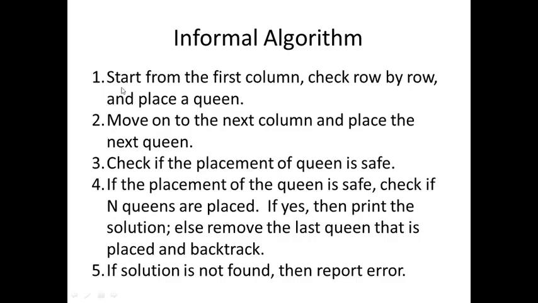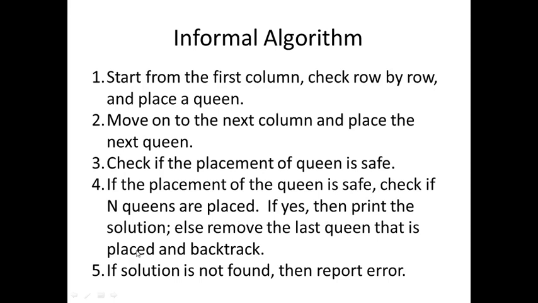And this is the informal algorithm. Okay, this is easy to remember and write. Start from the first column, check row by row and place a queen. Move on to the next column and place the next queen, and check if the placement of the queen is safe. How will you check? You have to check whether it gives you a row conflict, column conflict or diagonal conflict. If the placement of the queen is safe, check if all the queens are placed.